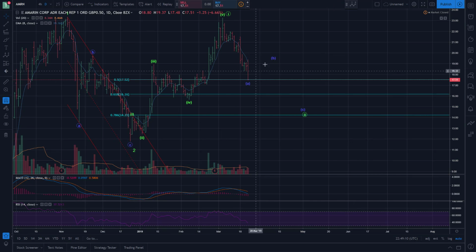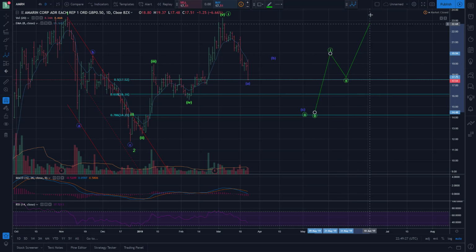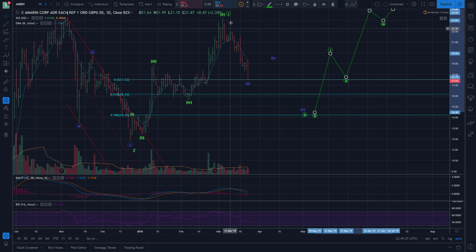But if we do a nice 3 wave decline and we do form a higher low, ideally in one of these Fibonacci pockets, and then we start coming back up again, this should present a very nice opportunity for that larger third wave to the upside, right? We'll be looking for something very powerful to greatly exceed not only the most recent high there at 23.25, well, basically it's almost a double top here, but the 23.34 level there.